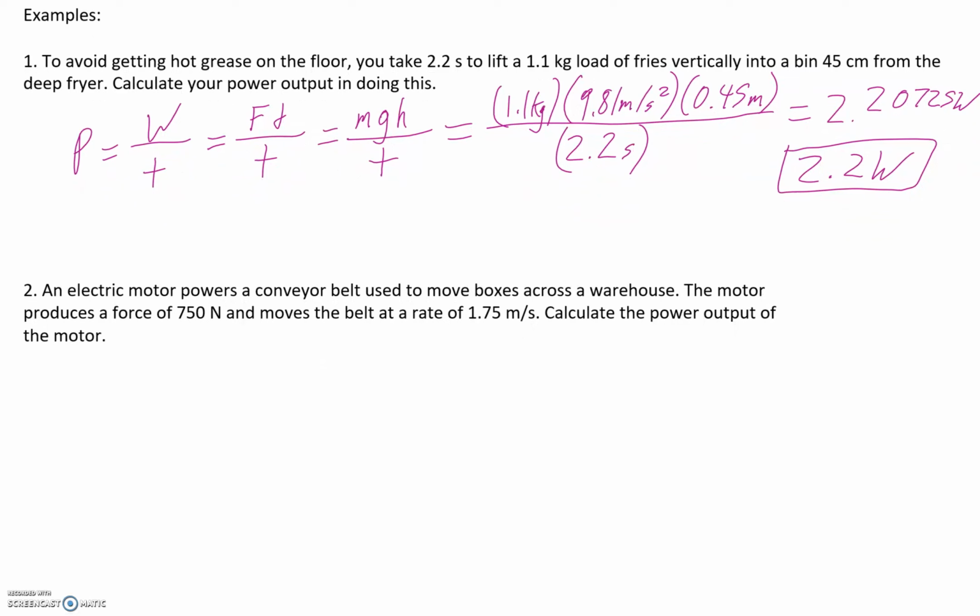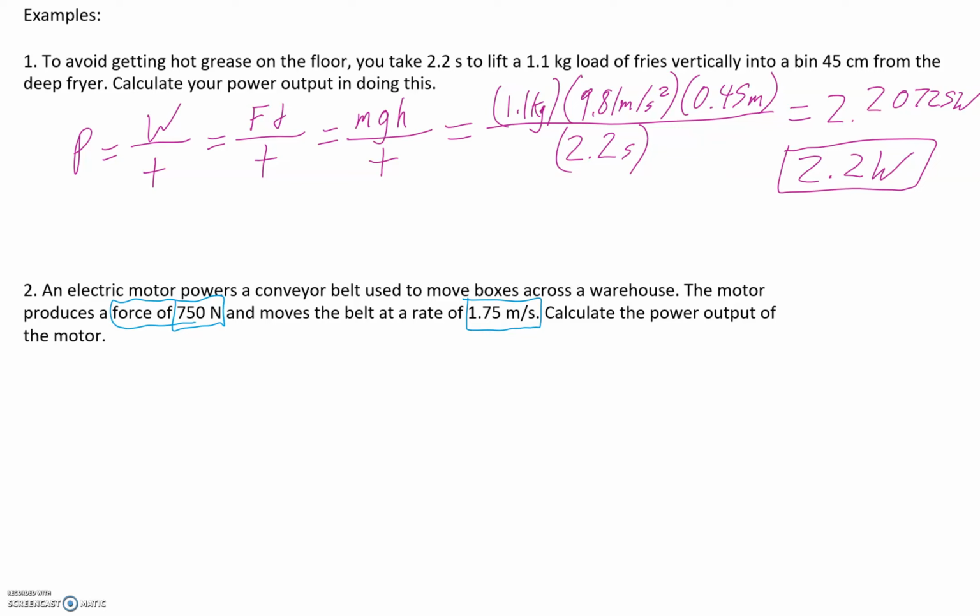All right, let's take a look at this next one. I always recommend pausing the video, trying it yourself, and seeing if you can do these questions. But I'm going to go ahead and try this out now. An electric motor powers a conveyor belt used to move boxes across a warehouse. The motor produces 750 newtons of force and moves the belt at a constant rate of 1.75 meters per second.